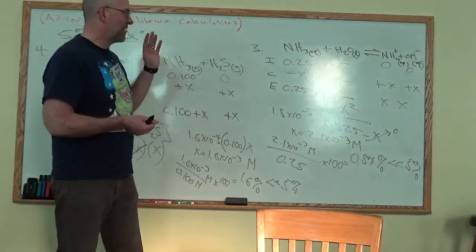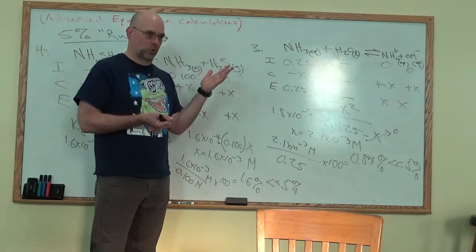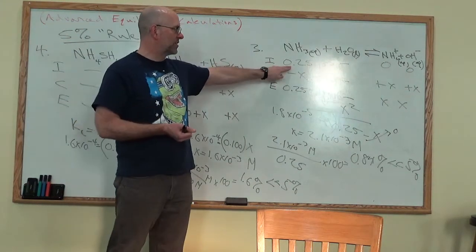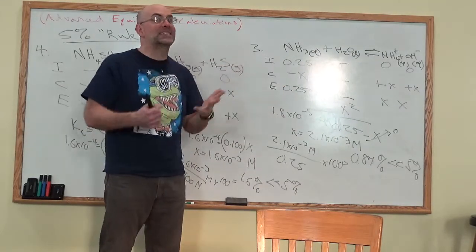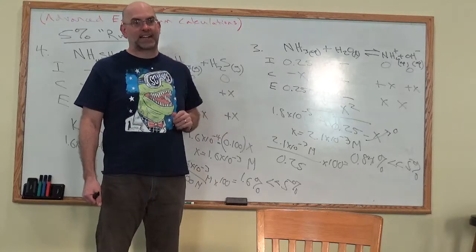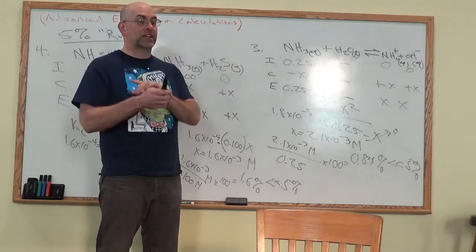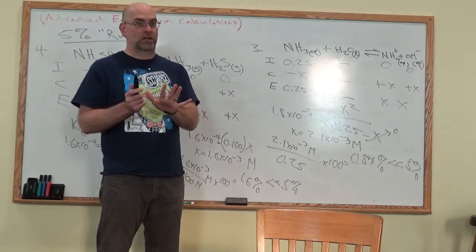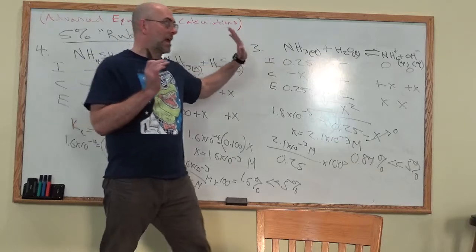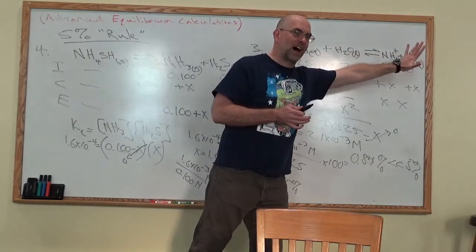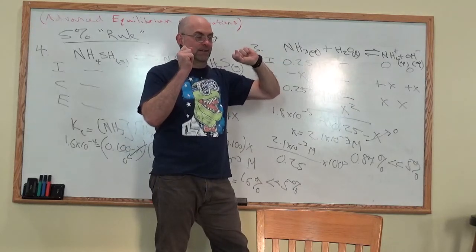So what happens if we have a large equilibrium constant? What if it's a huge equilibrium constant and you're given an initial concentration of a reactant? It wouldn't make any sense at all to assume that x is small. The last video I'm going to show you, which is not part of the book, is we're going to take the equilibrium, if it's a big equilibrium constant, and push it to one side, push it to the other side, and then bring it back to make x small.